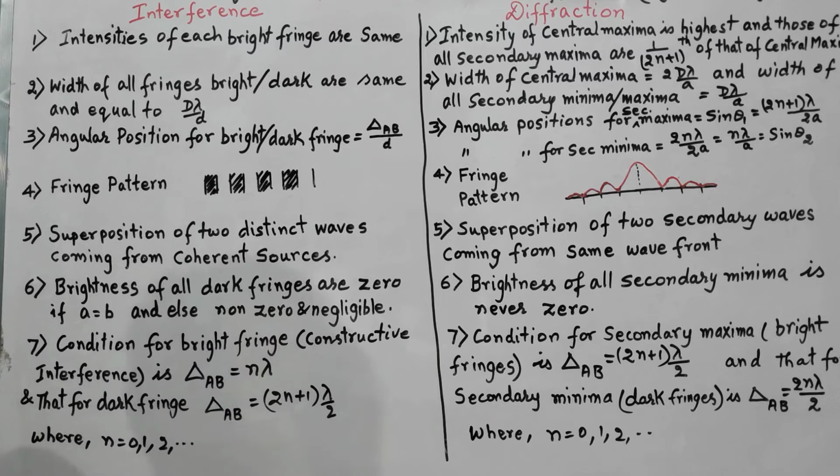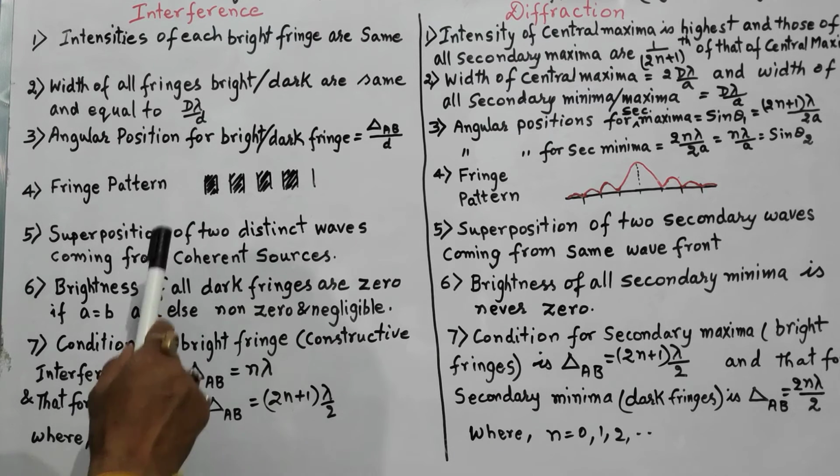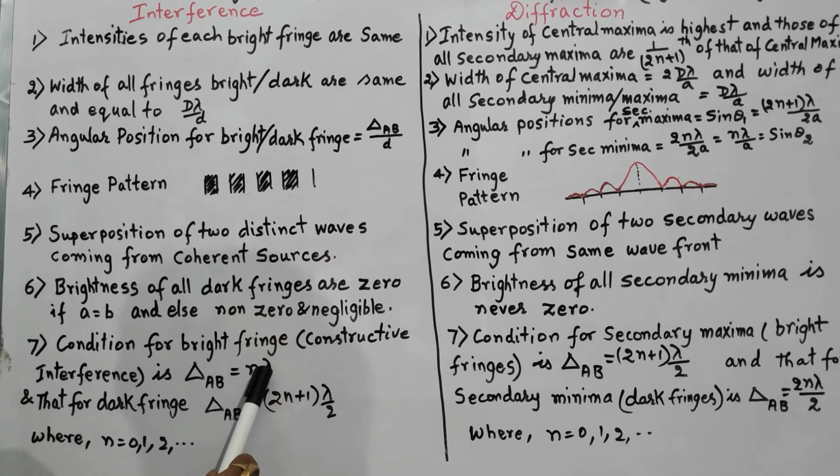The condition for a bright fringe, that is constructive interference, is that the path difference between the rays coming from the two different slits is nλ. The path difference for the dark fringes, that is destructive interference, is (2n+1)λ/2.